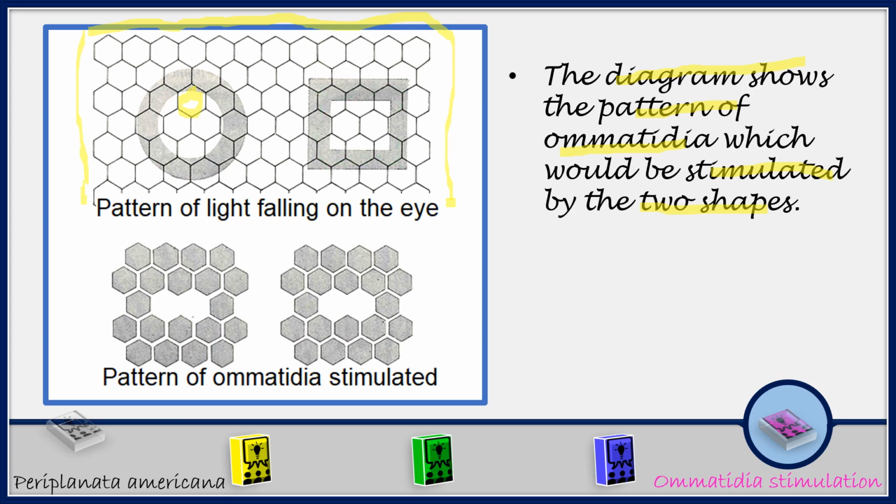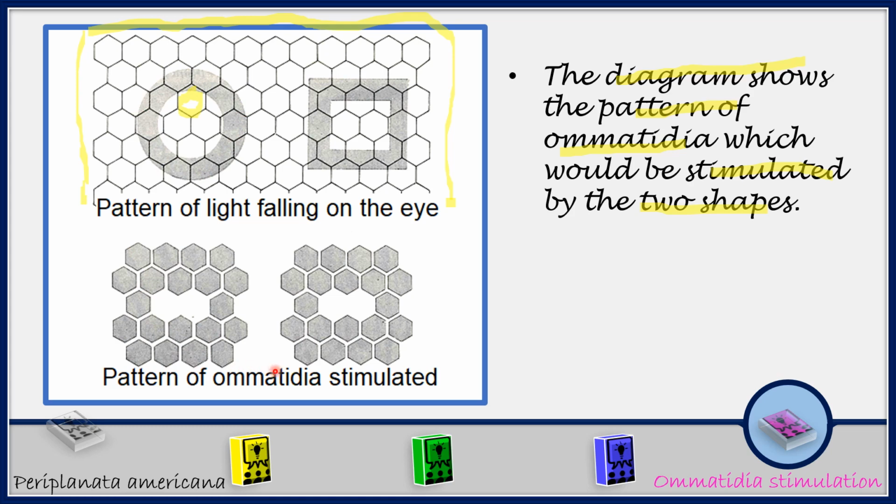Now, when the patterns are focused and fall onto the compound eye, what is going to be perceived is that these cells where the pattern is passing are going to be stimulated. And when they are stimulated, they are the ones that are going to appear here like this. So wherever the light is passing, that cell is going to be stimulated.